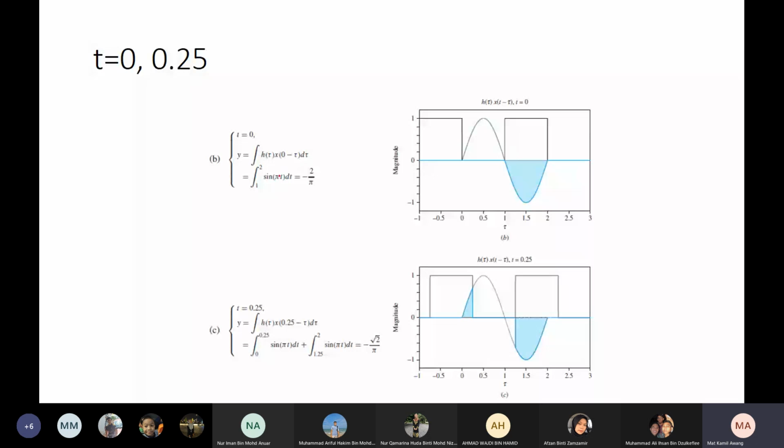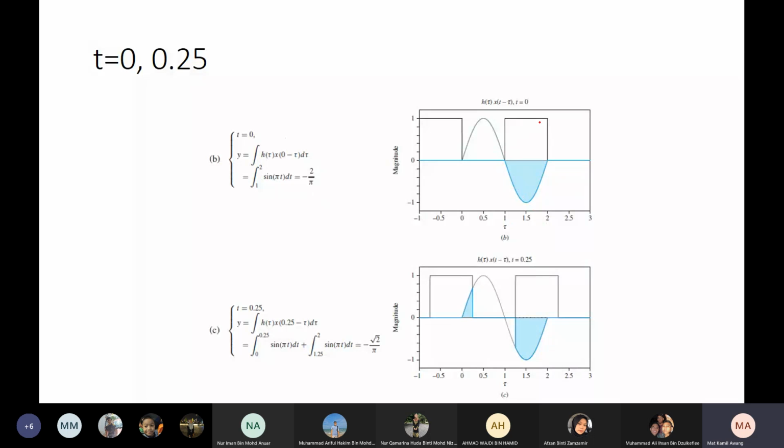So this will give you which part? Basically x of 0 minus tau is equal to this part, which is 1. The other part is 0.